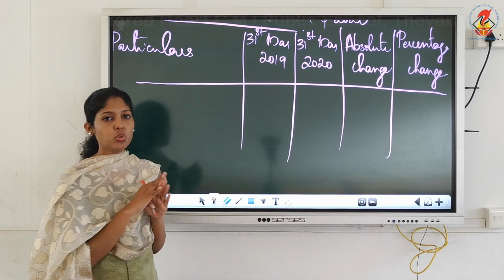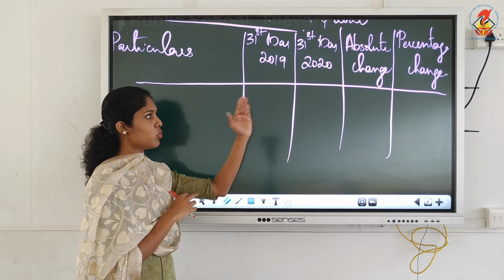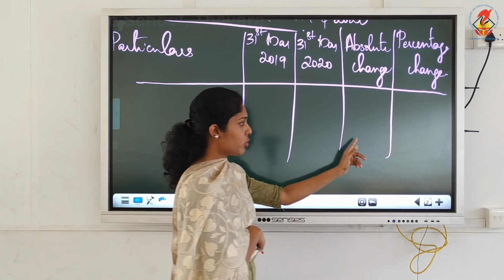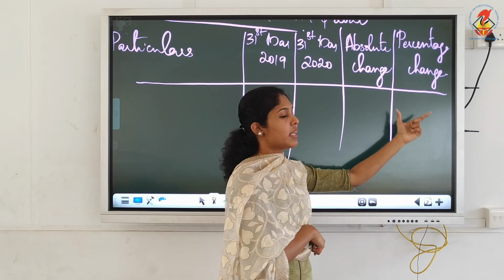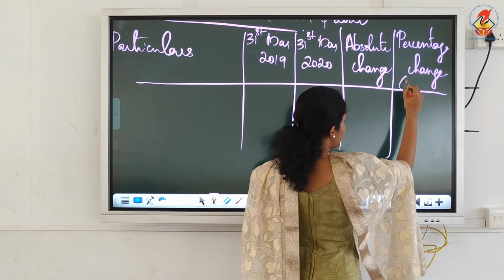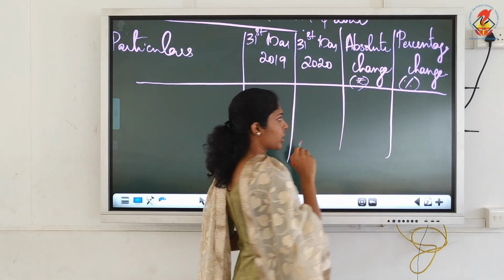So this is how the format should be. We are comparing the previous year with the current year. So we have to find the difference between these 2 columns, that's the absolute change column. Later we will convert it into percentage. Within brackets you write percentage. This will be in rupee.